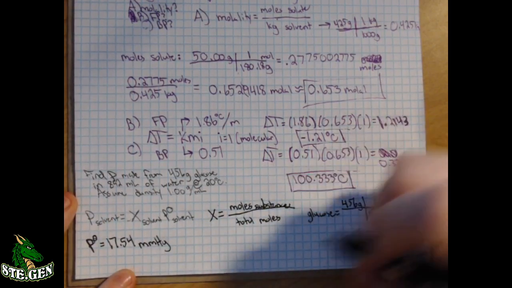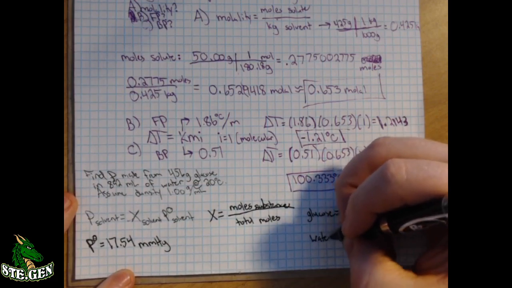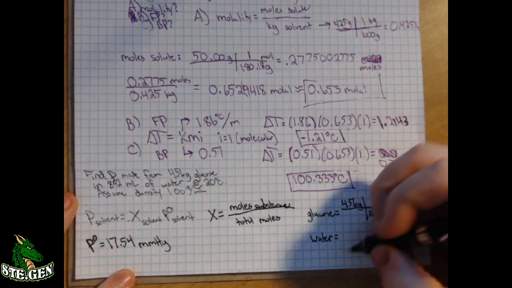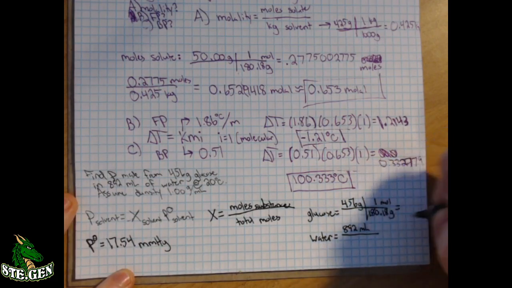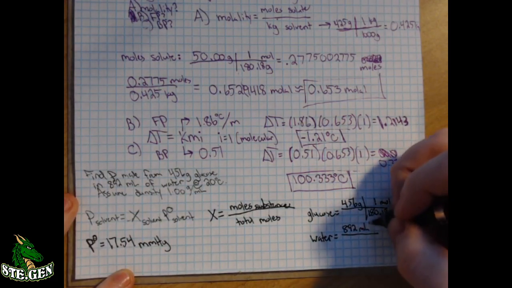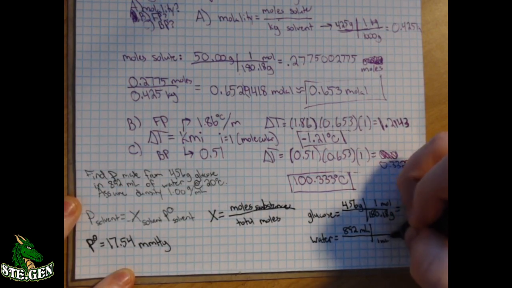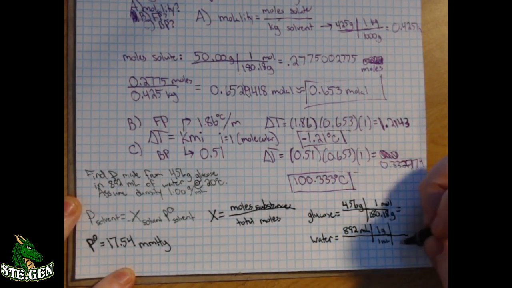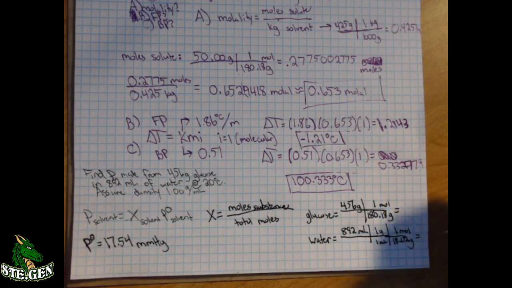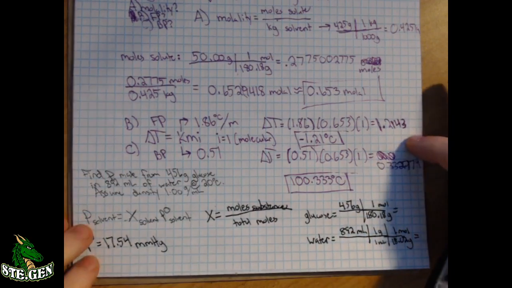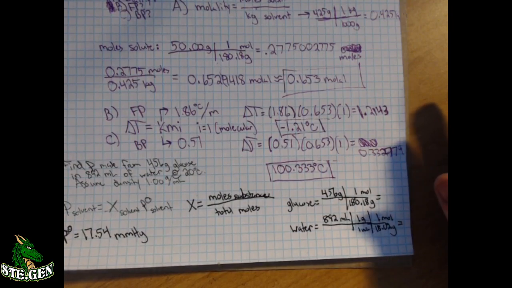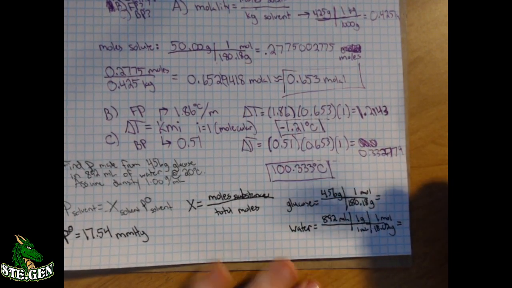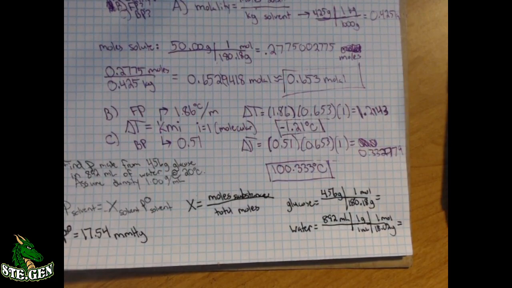And then for water, we have 892 milliliters. And then we can go, okay, well, in every 1 milliliter, we have 1 gram. And then in 18.02 grams, we have 1 mole. So let's go ahead and figure out what these are in our calculator.